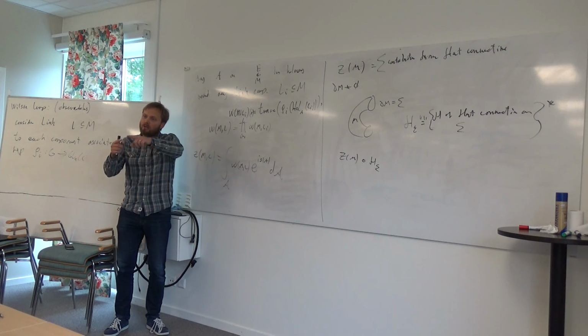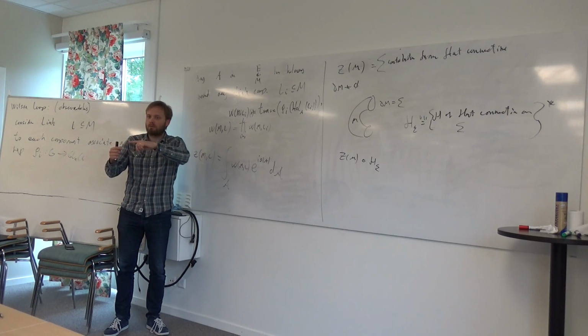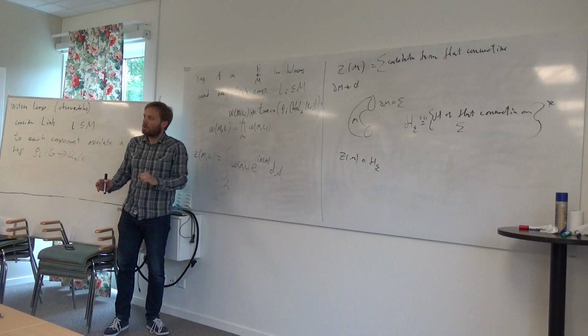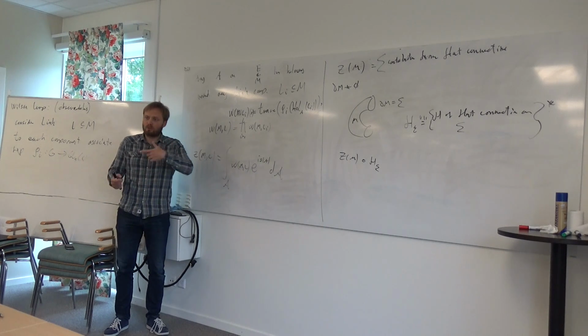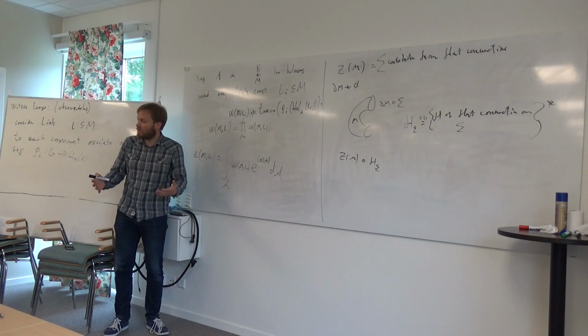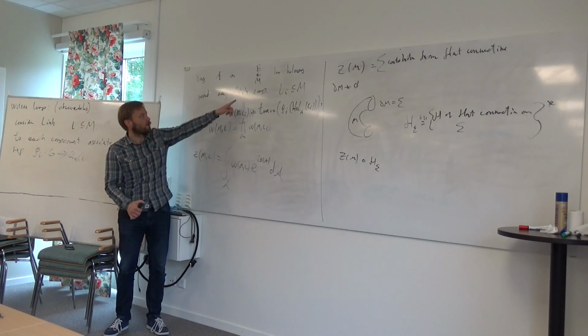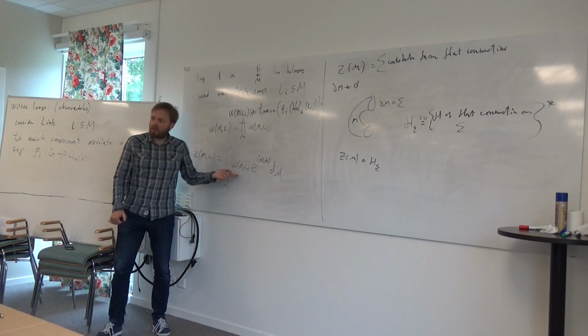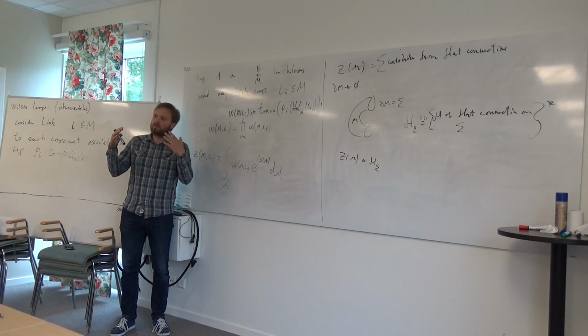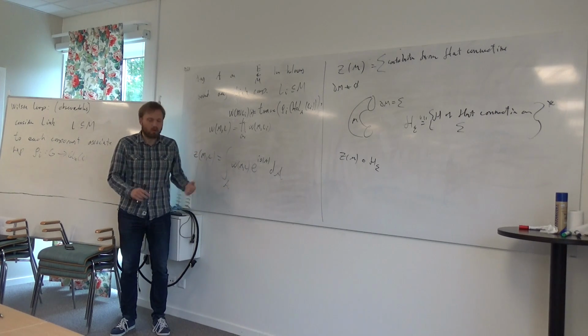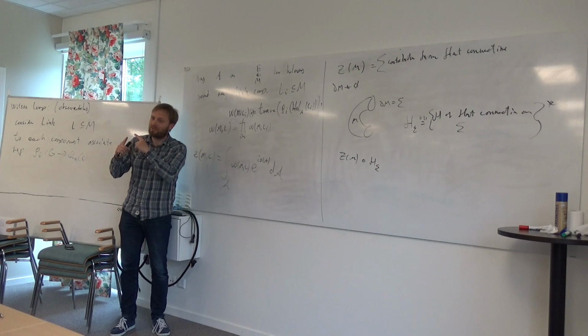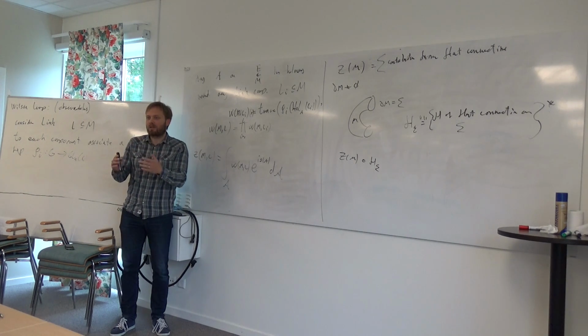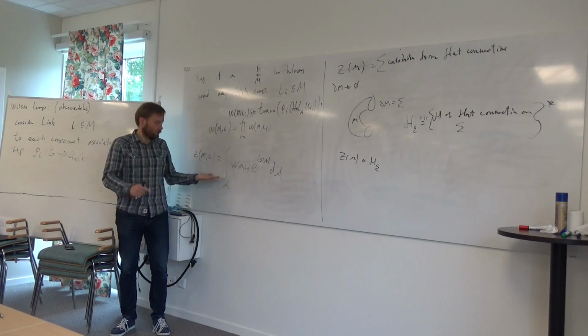Which means if you try to isotope your loop just a little bit, it's not supposed to change. So it only depends on the loop equivalence class, the link equivalence class, together with these representations. And what then can happen, and this sounds very discontinuous to me, is that when it passes through itself, if you don't think in terms of it being metric invariant, then it looks like you're doing something continuous.